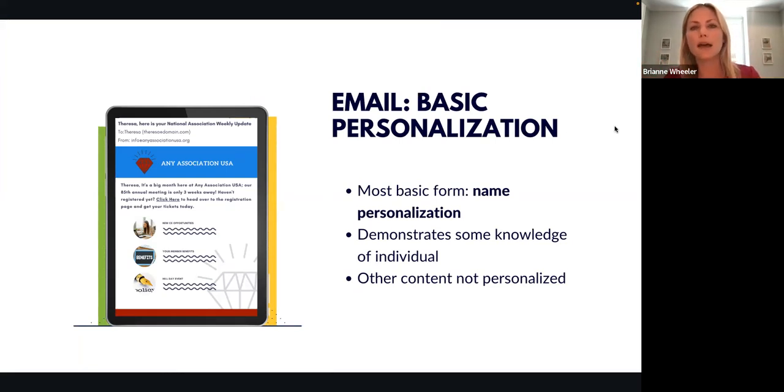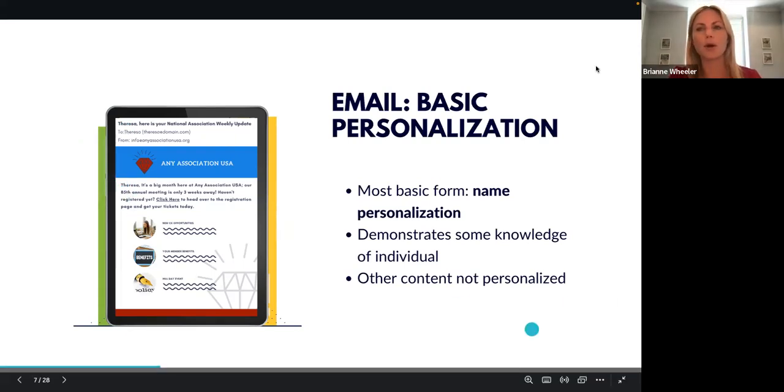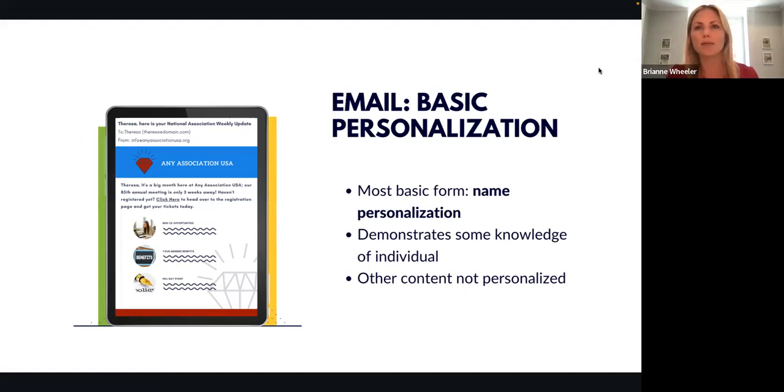So the first level, the most basic, is just name personalization. It's like, hey, we know you. There's no other custom content in there. It's really just, we know who you are, and we're going to make it a little more friendly, whether in the subject line or in the main part of the communication. That is, I would say, the most basic.